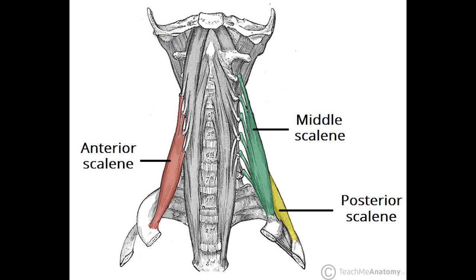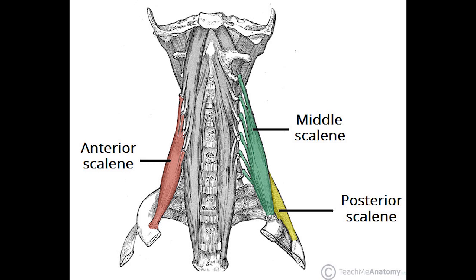Let's move on to the posterior relation. Here we have to know about the scalenus medius and the second part of the subclavian artery. In this picture, the scalenus muscles are labeled in different colors. The green one is the scalenus medius.